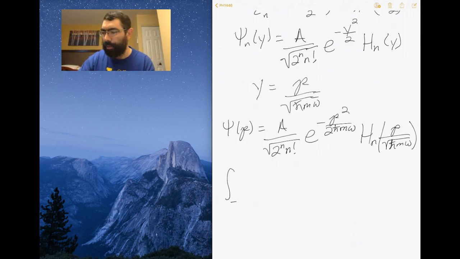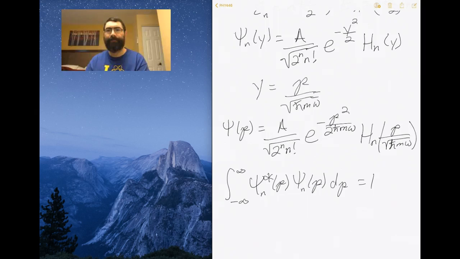Okay, so now that we've got everything in terms of momentum, let's solve for the normalization constant A. So we're going to integrate over all momentum space psi star psi, and we set that equal to 1.